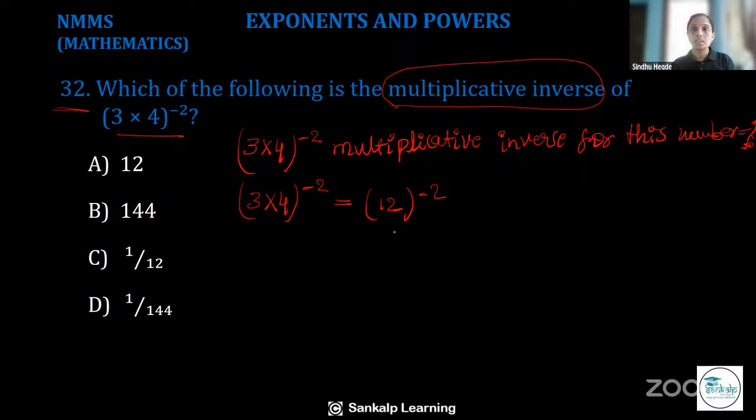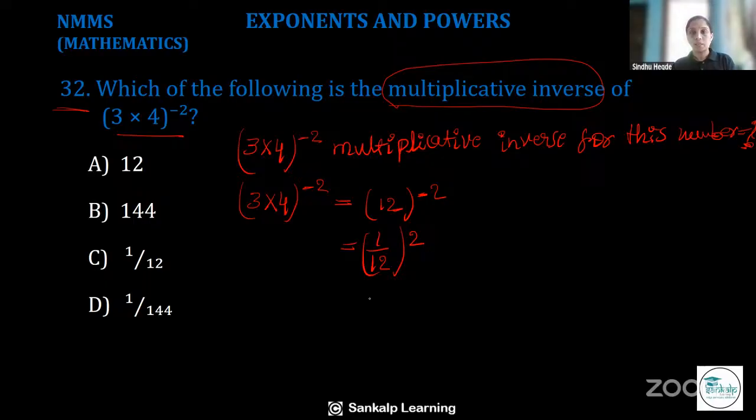It is nothing but 12 to the power inverse of 2. Okay, we can take it as 1 divided by 12 whole to the power 2. This minus sign vanishes because 12 becomes 1 by 12. That is called inverse. Okay, so raised to plus 2.